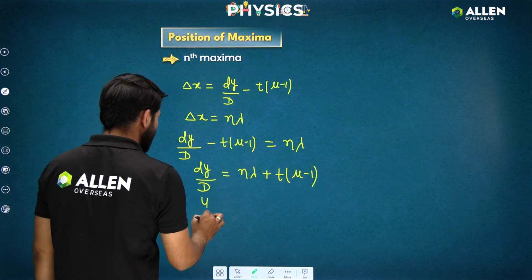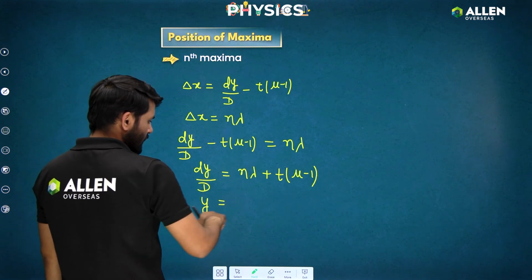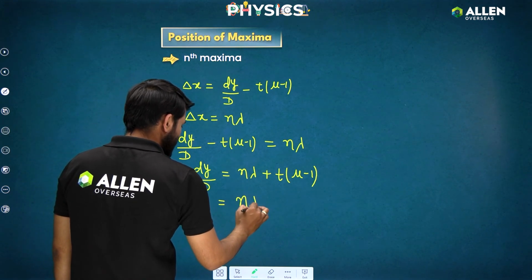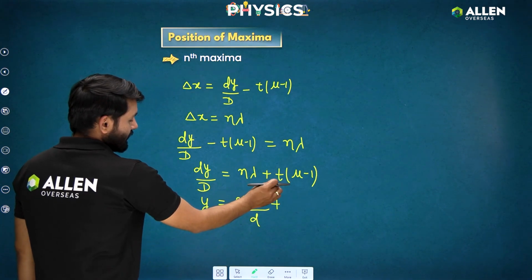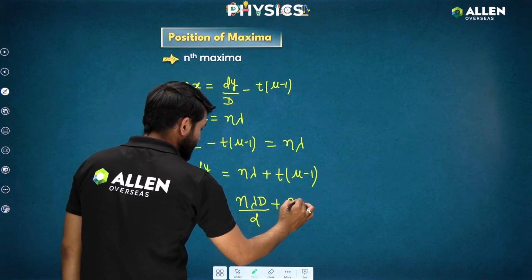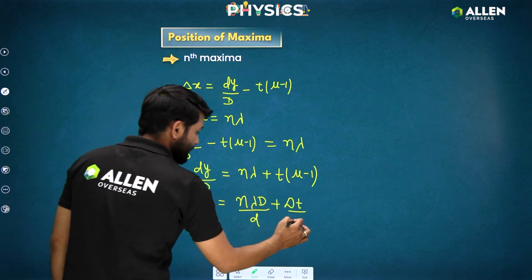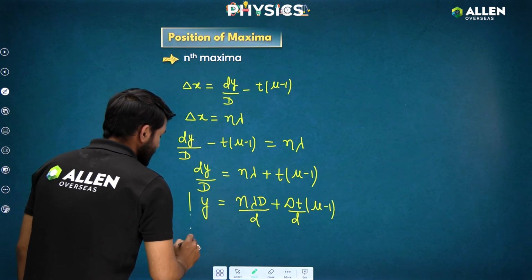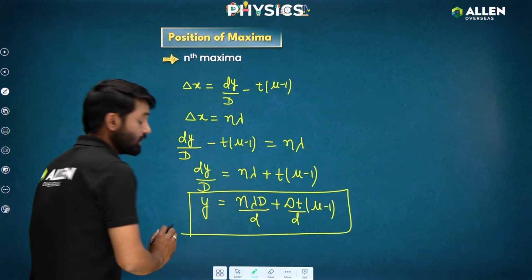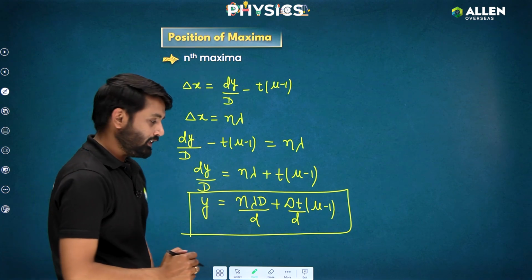You can see here, y is equal to n lambda D divided by small d plus, this is t, right? So D into t divided by small d (mu minus 1). This is the position of your nth maxima, from O. Is that clear?